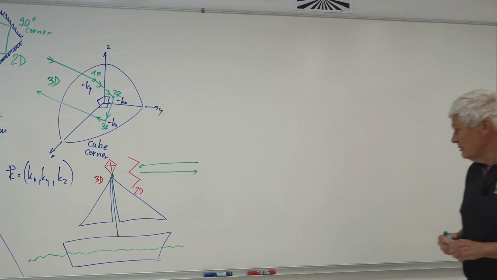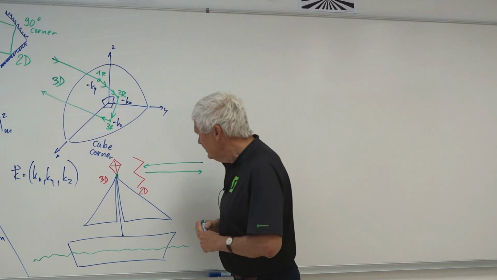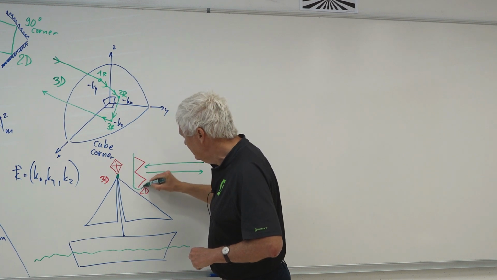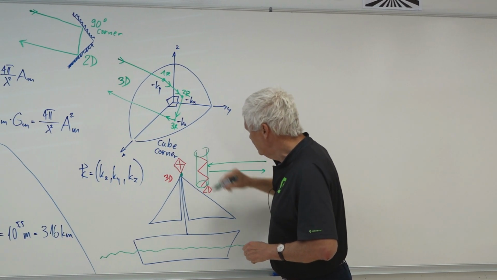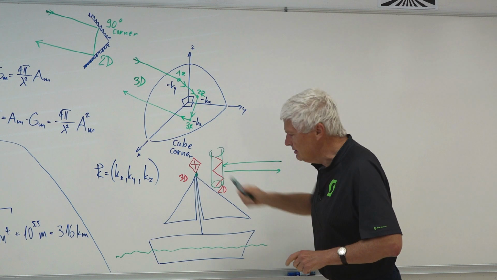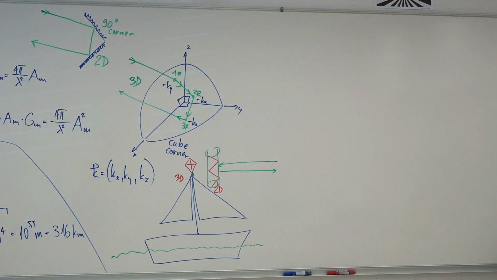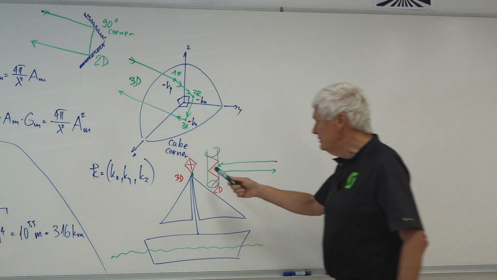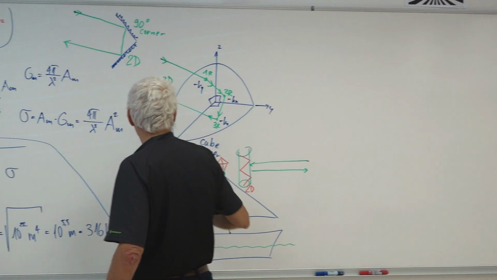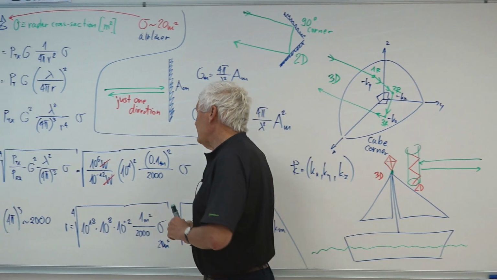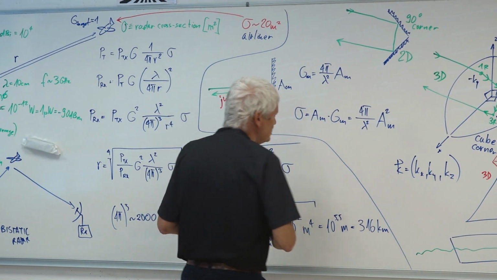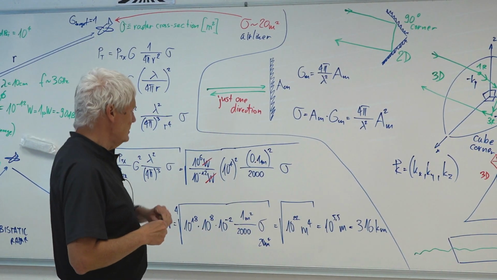But you can also have this, and these reflectors are usually packed in a tube so that they don't get broken, and this tube is installed on top of the boat. So this is something that's practically used. This is a cooperating target, and with a cooperating target I can have a very large radar cross section.